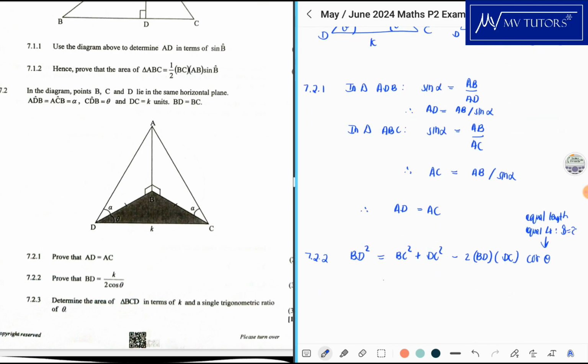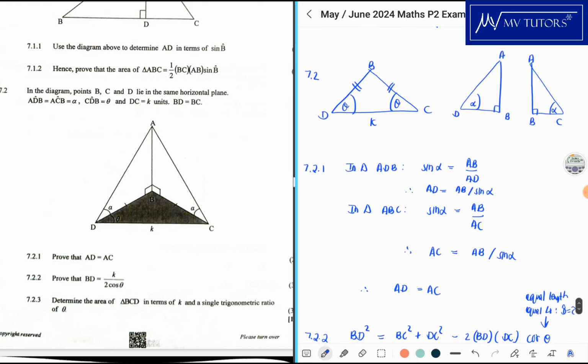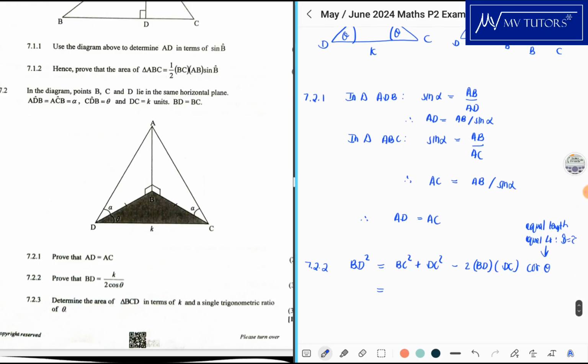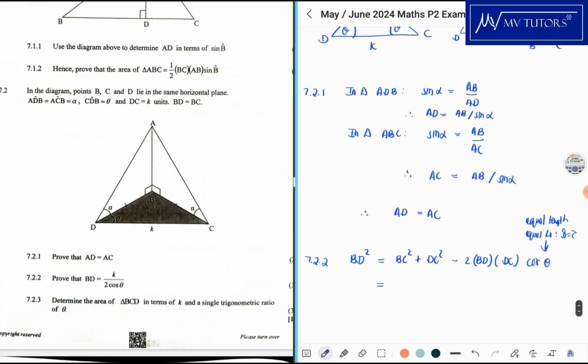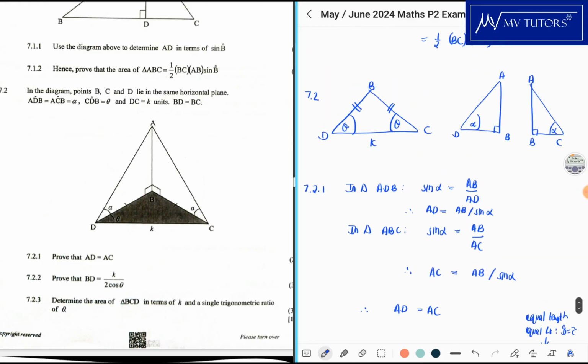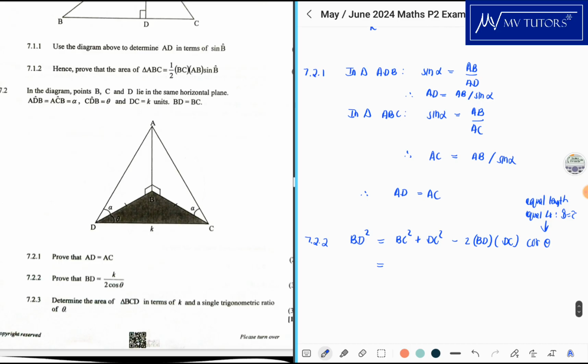Now let us try to simplify. With BC, we can leave it as BC for now, or we can say BC is equal to BD. So let's say BD squared, because they're equal. And DC is actually equal to K. So K squared minus 2 times BD.